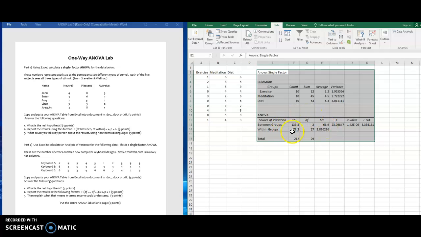Then I do the same with my within groups. I didn't have to do it this time. It's doing it for me. And then it takes this, divides by that, and what do we get? We get 23.09847.